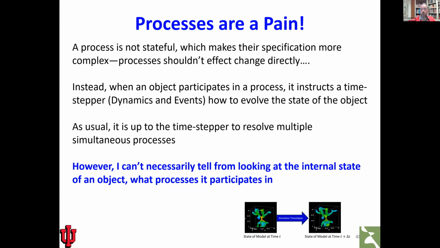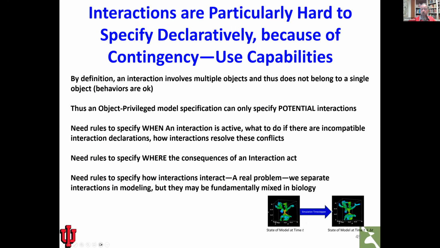And so you have some time stepper that has to deal with multiple simultaneous processes. It's not always possible to tell from looking at the internal state of an object what processes it's participating in, because it depends on its context. And that makes life a little bit harder.